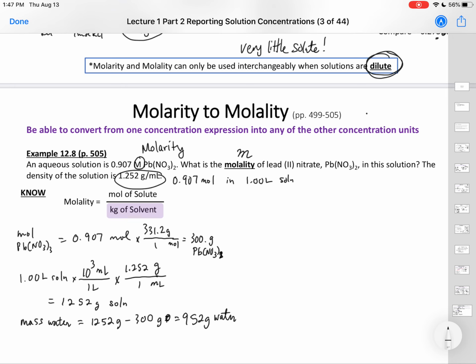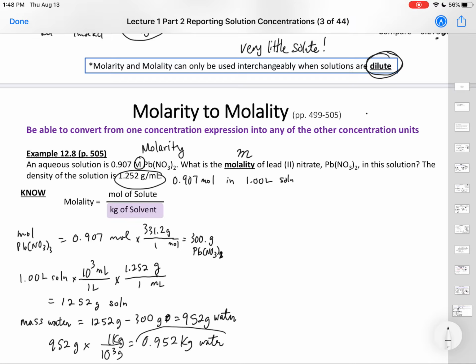We do need the water to be in kilograms, so we're just going to convert that really fast. 952 grams divided by 1,000 is 0.952 kilograms of my water.